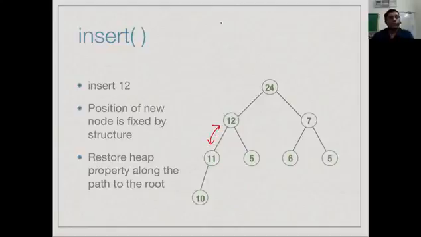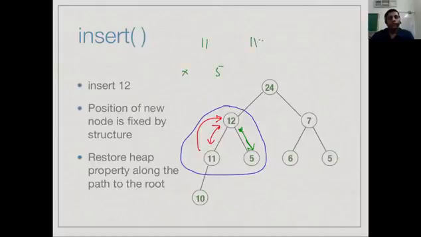Now in the process what has happened is that 12 has gone from here to here, okay, and now the first thing we have to convince ourselves is that the local heap property that we just fixed doesn't need any further fixing. In other words, we have to guarantee that there is no problem at the other side between 12 and 5, okay, and this cannot happen because we originally had 11, 5 and something here.